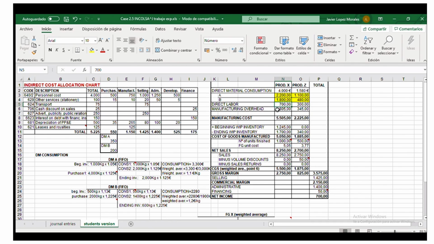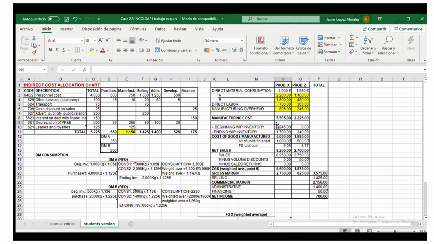Then we have to calculate manufacturing overhead, which we obtain from the indirect cost allocation chart, which says it is 1,150 euros, and at the end of the exercise it also says 70% for product X and 30% for product zeta. We add these three figures and we obtain the manufacturing cost.